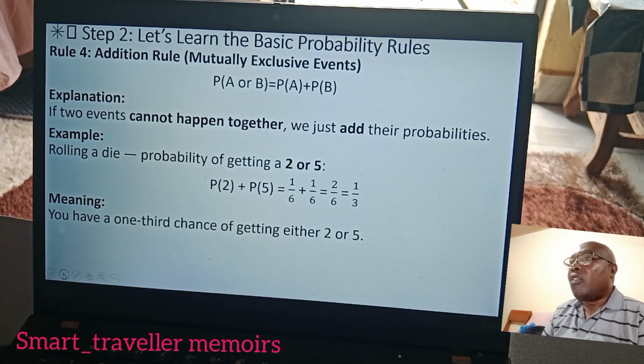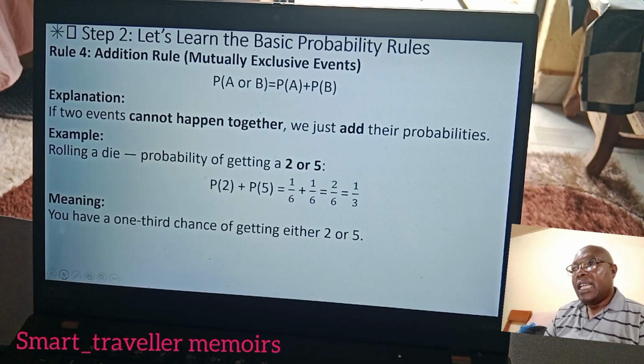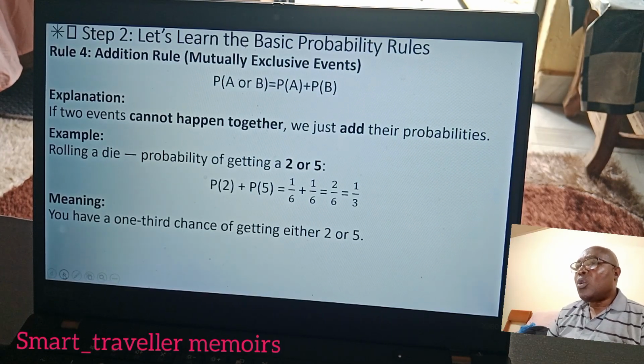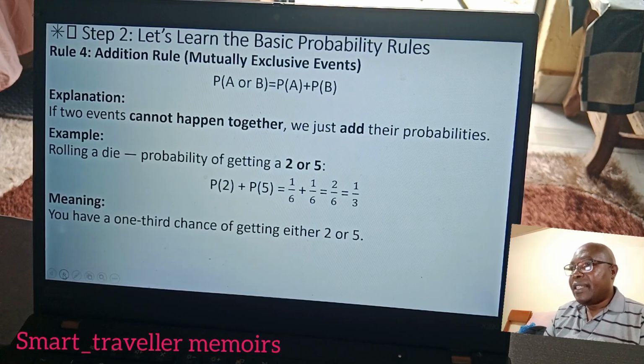So the probability of A or B equals the probability of A plus the probability of B. That is, if two events cannot happen together, we just add their probabilities.